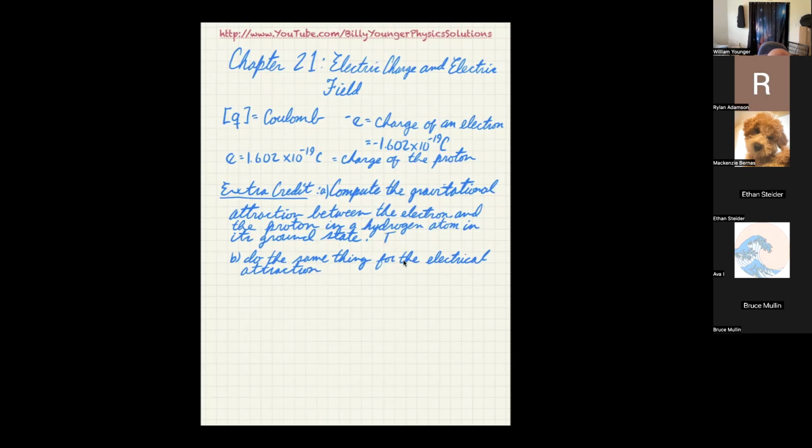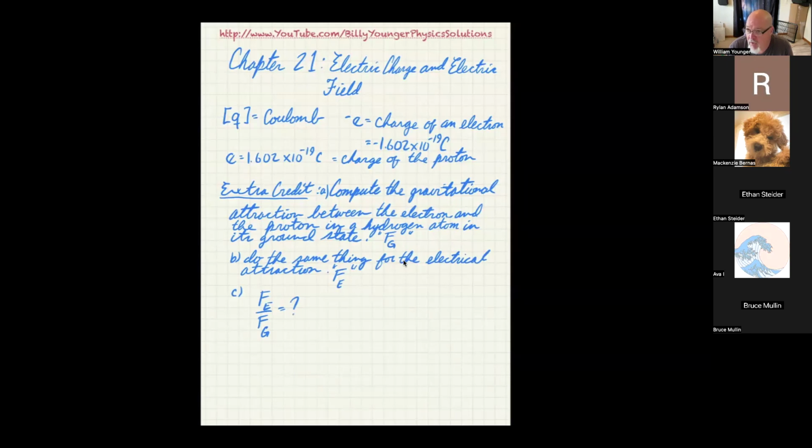And I'm going to call this one F sub G. I'm going to call this one F sub E. And then part C, I want you to calculate F sub E over F sub G equals question mark.